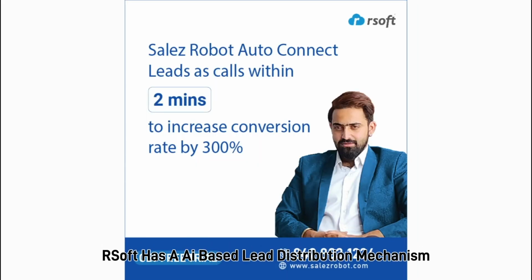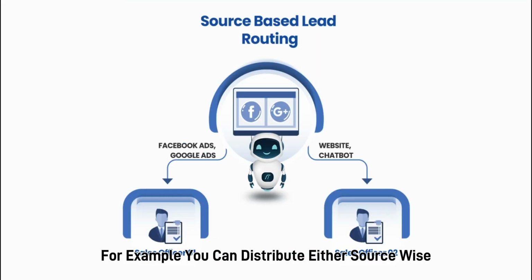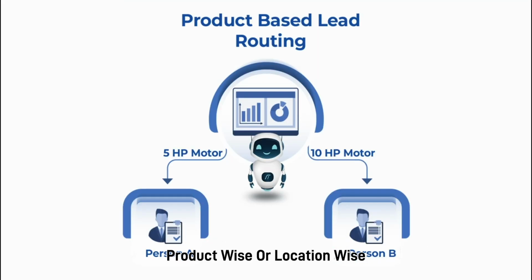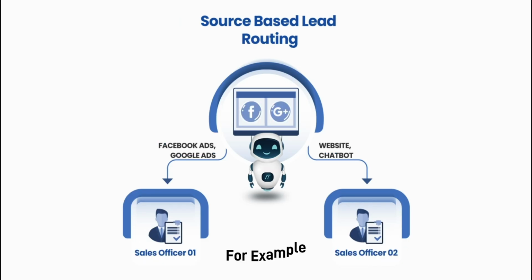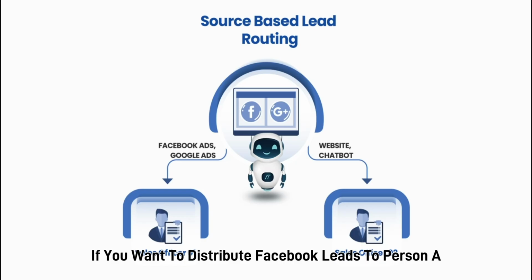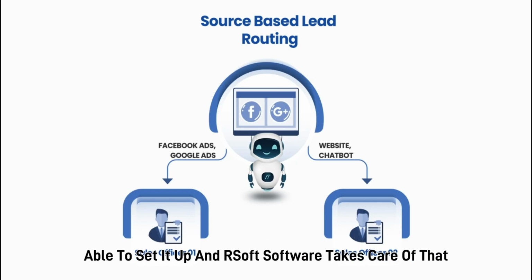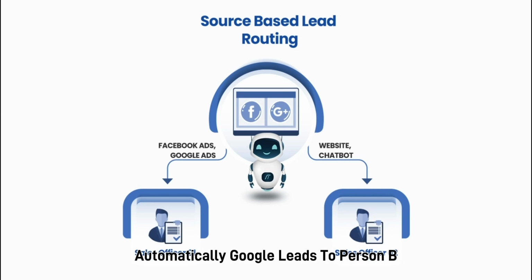RSoft has an AI-based lead distribution mechanism. For example, you can distribute either source-wise, product-wise, or location-wise. I'm going to give you an example of source-wise. For example, if you want to distribute Facebook leads to person A, you will be able to set it up and RSoft takes care of that automatically.